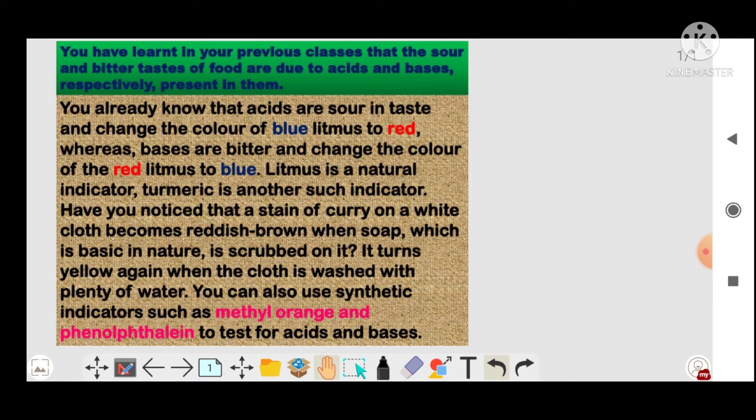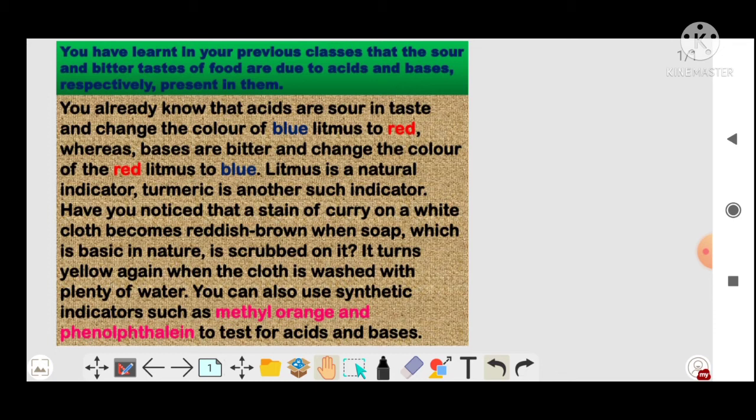So how do we identify acids and bases by litmus paper? Acids change the color of blue litmus to red, and bases change the color of red litmus to blue.